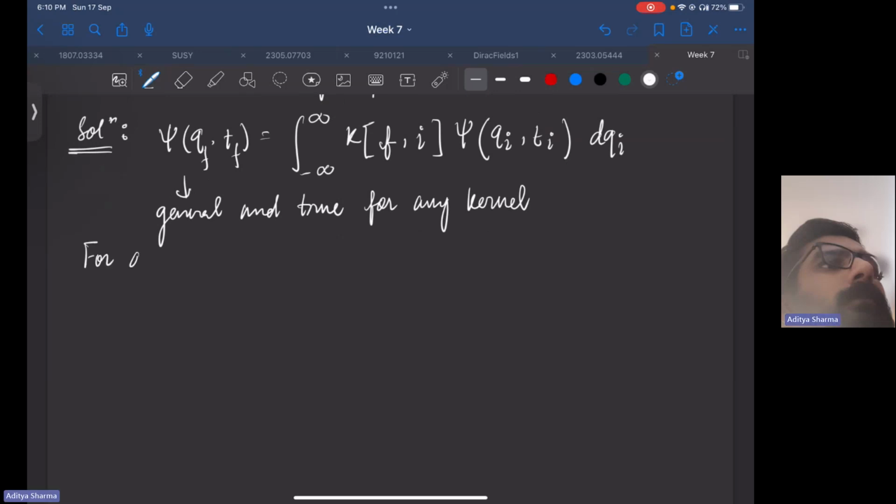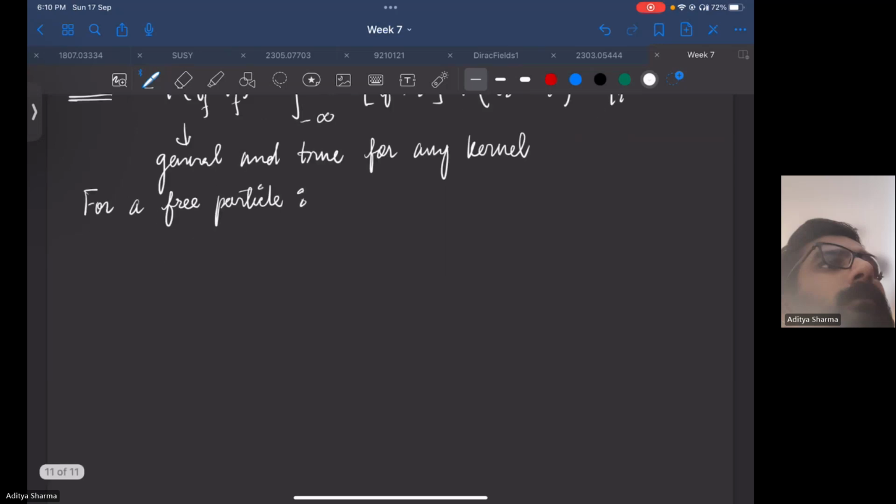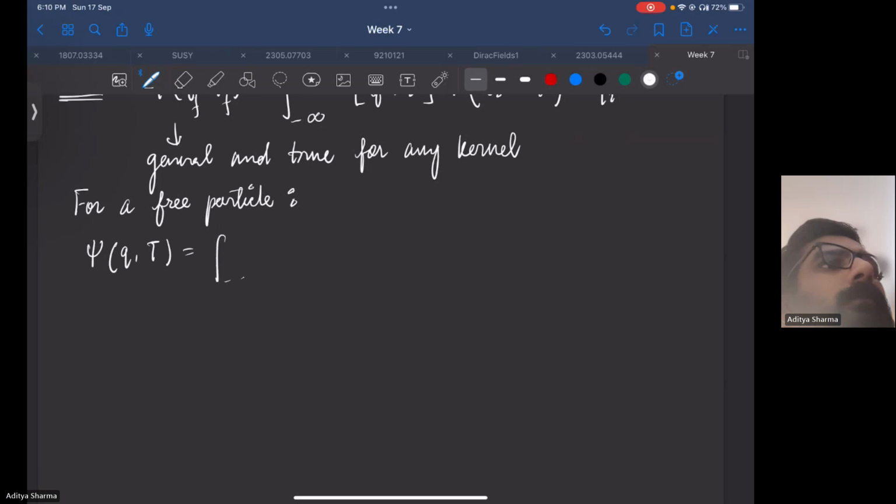For a free particle, we'll have the kernel K of q, t, q prime, 0 is equal to this, the path integral kernel which I'm putting.